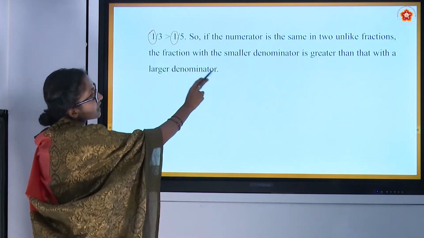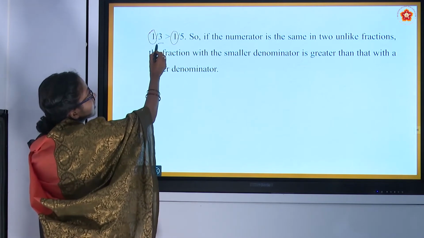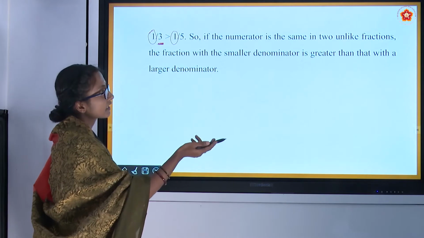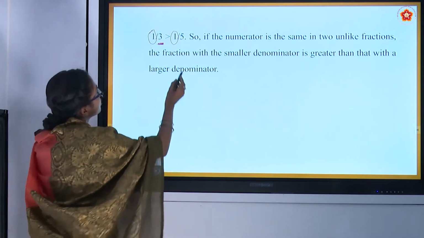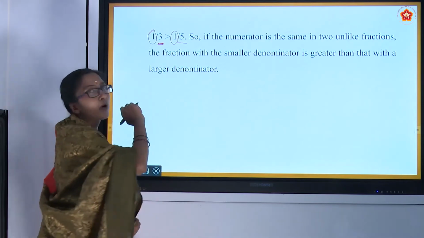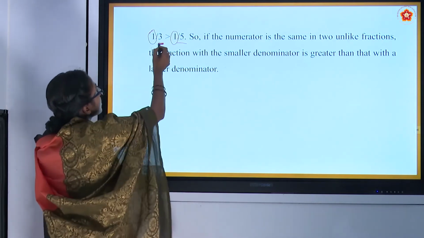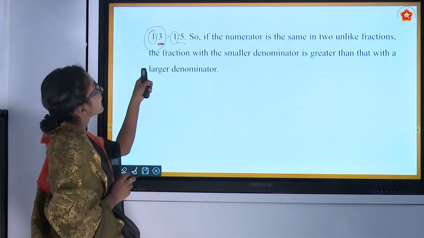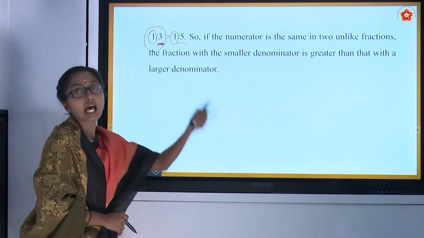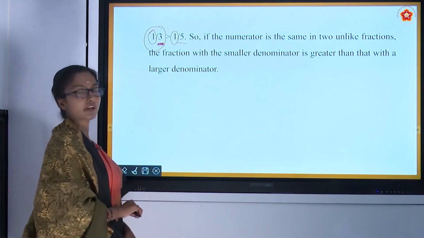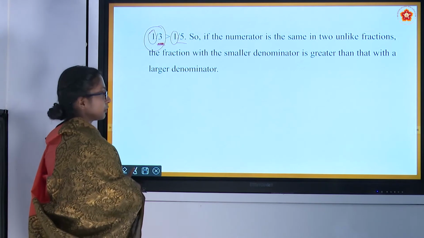The fraction with the smaller denominator is greater than that with a larger denominator. When we compare the denominators, 3 is smaller than 5. Fine. So, the fraction with the smaller denominator is greater than the fraction with the larger denominator in the case of unlike fractions with the same numerator.